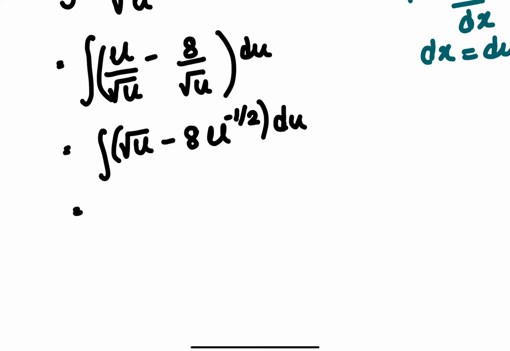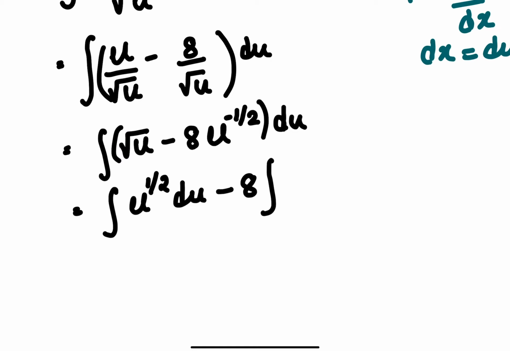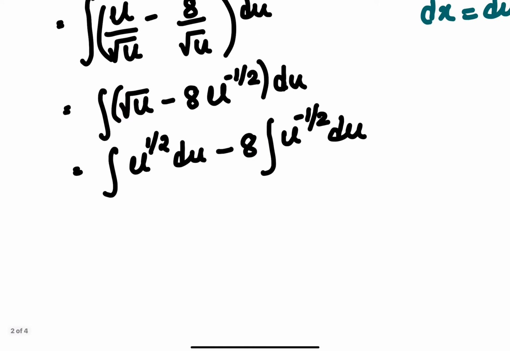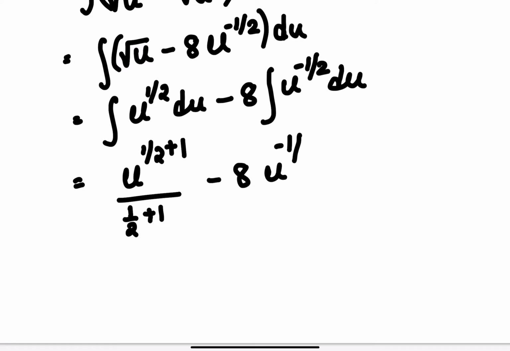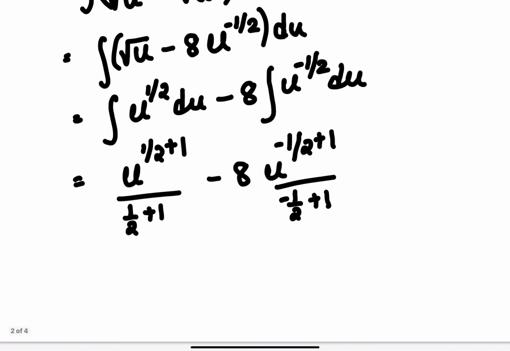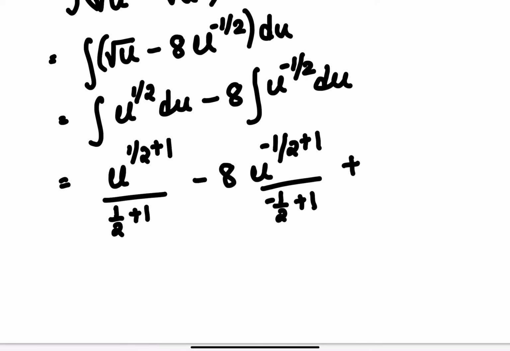I don't have to, but I'm just showing you step by step. So this is integral of u to the power half du minus 8 integral u to the power negative half du. Now you don't even need a formula. You know this is u to the power half plus 1 over half plus 1, minus 8 times u to the power negative half plus 1 over negative half plus 1. Do not forget your big C, because this is an integral.